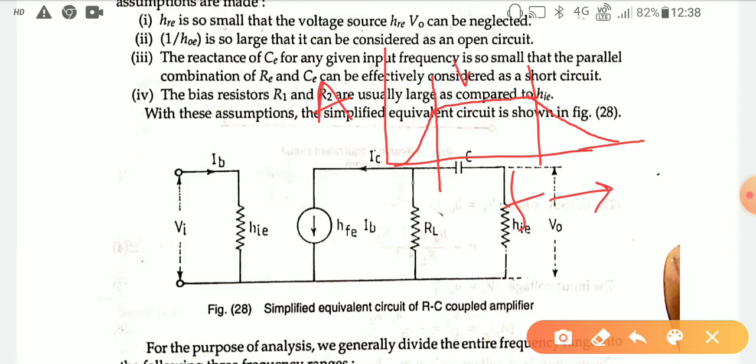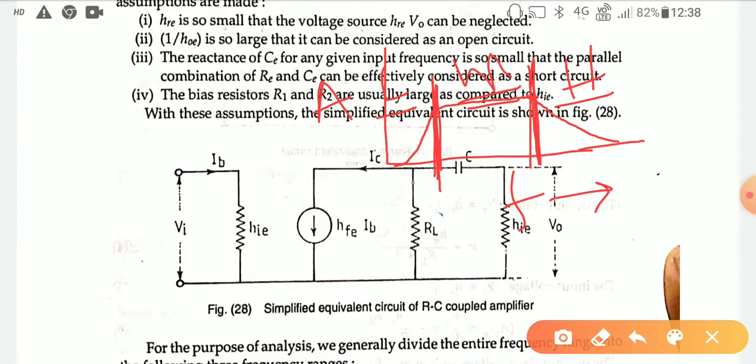So this is the mid frequency zone. Let this be the small m mid frequency zone. This is the low frequency zone, and this is the high frequency zone. So these three sections are present. The low frequency and mid frequency regions are separated by the lower cutoff frequency, and the mid frequency and high frequency regions are separated by the higher cutoff frequency.